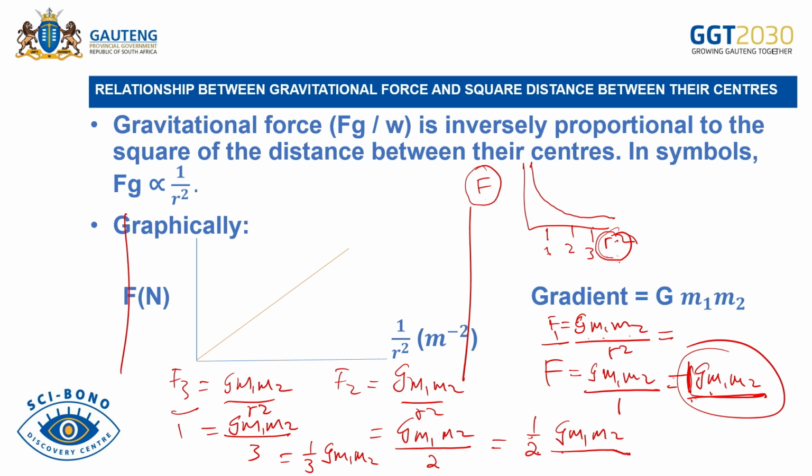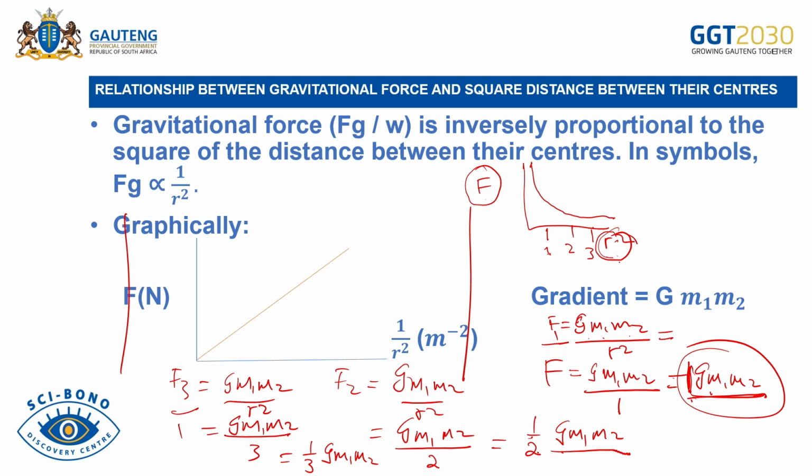You can even prove that by calculations. The relationship between F and R squared is inversely proportional, based on the law itself: F is inversely proportional to the square of the distance between their centers. So you can even prove that using calculations.